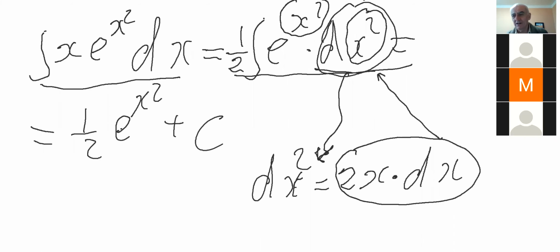Write it down on your paper, and I think it will be clearer and easier to understand.